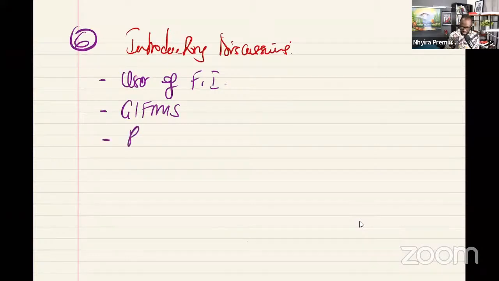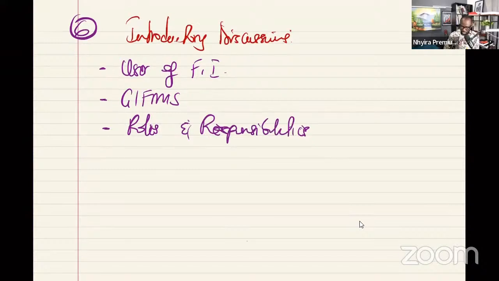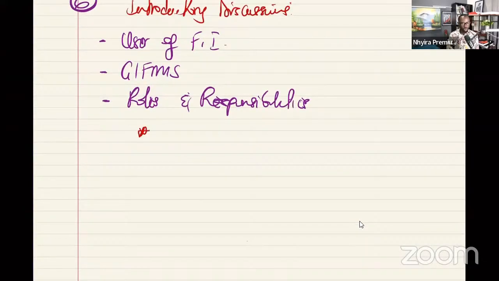Then the roles and responsibilities of the following. Don't worry, we'll get into them later. We have the public principal account holder. We have the principal spending officer. Now, the principal account holder is the government appointed person. Then the principal spending officer is the senior most administrative head of the government entity.